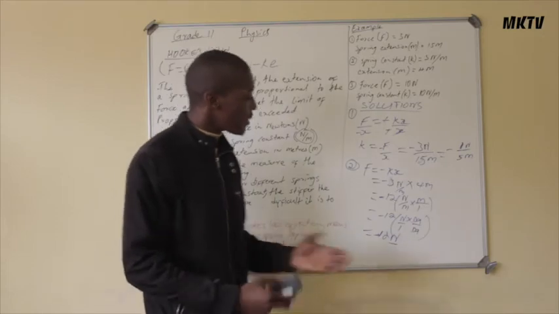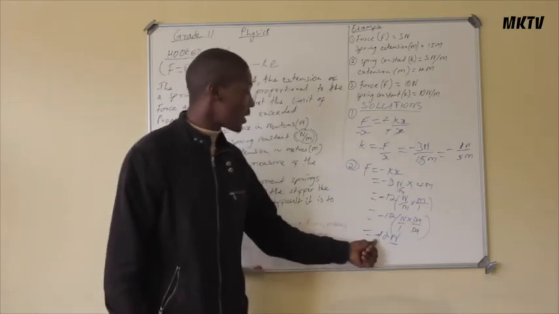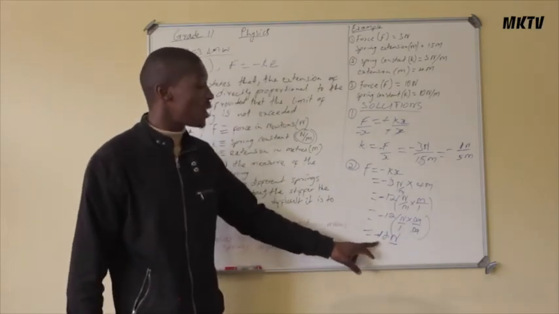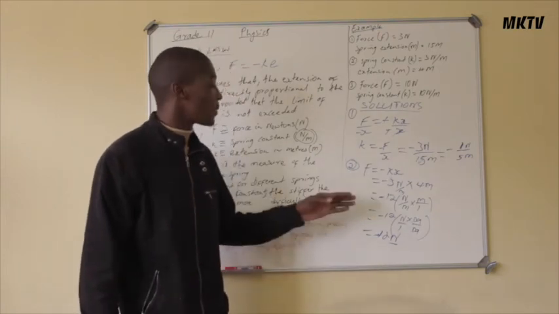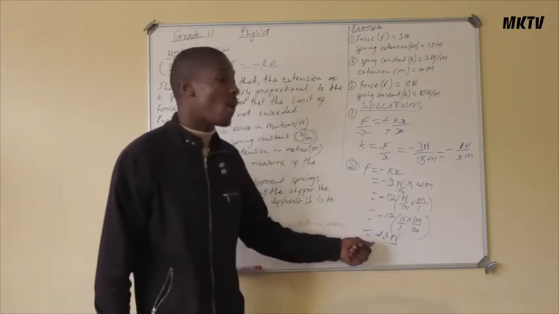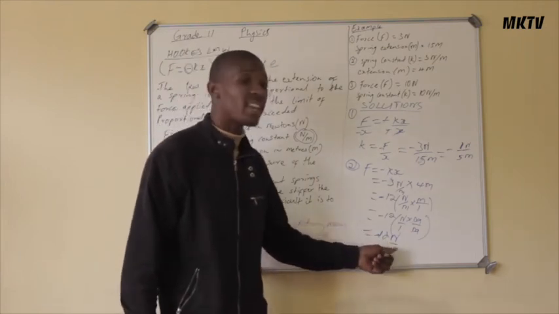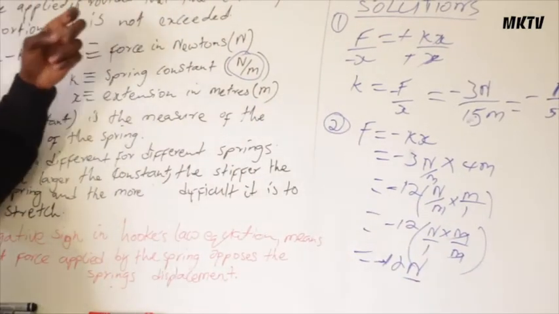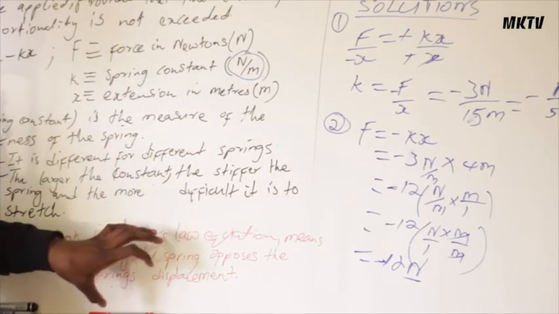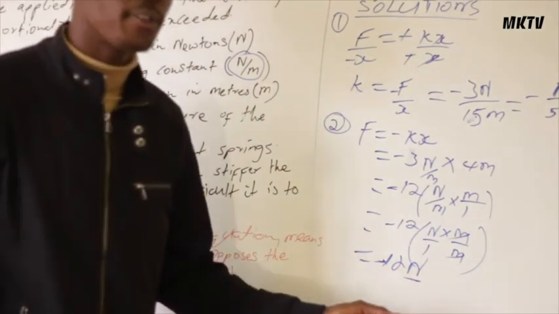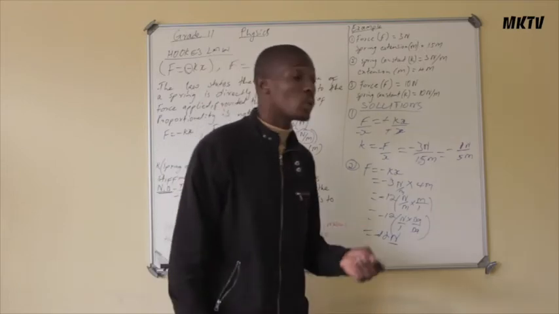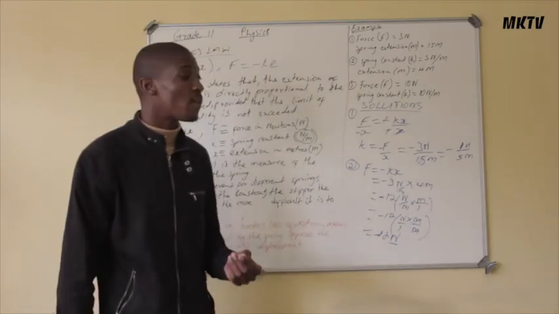So again, let's look at example 2. You would be aware that we have negative 12. This says that our force is in the opposite direction of the extension, just as we have stated here, that the negative only shows the direction of the force applied.